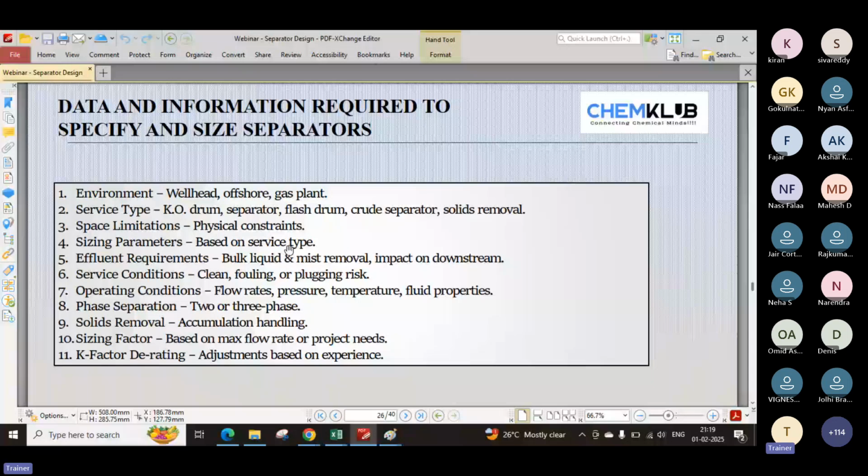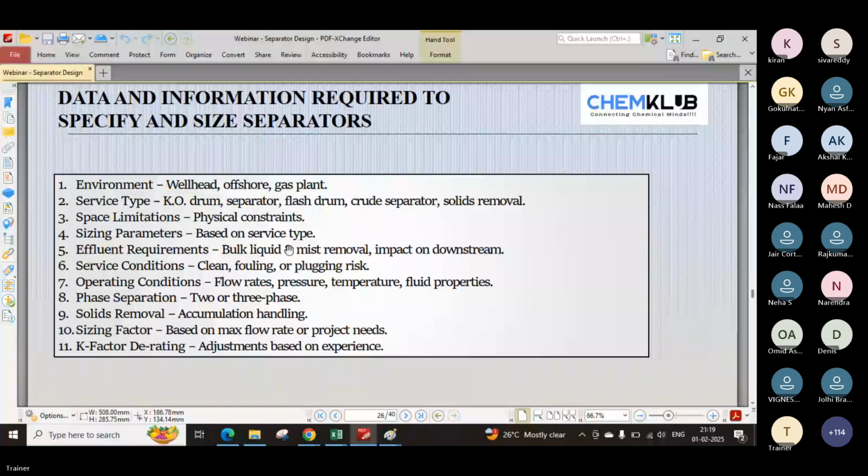Suppose you are doing a brownfield project and you find there is no space available, you have to dismantle the existing one and fit the new one to have higher efficiency or higher separation capacity. So space limitation is one major criterion. The sizing parameters again depend on what type of service you are handling, and the other parameters we have seen.